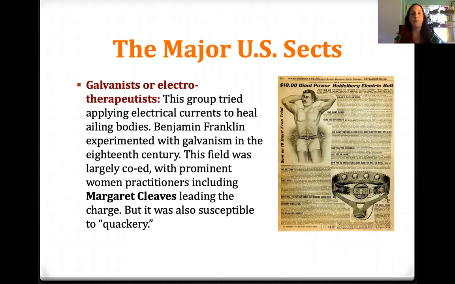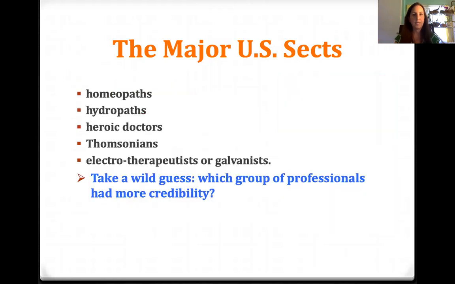But at the beginning, women were inventing machines for experimenting with electrical currents on the body, and Margaret Cleaves was a really prominent woman, and just evidence that some of our ideas about women gaining medical expertise later are not, in that linear narrative of progress, quite accurate. There were women practicing in a lot of these different sects, and then they were pushed out, as we'll see in a few days in our lecture on the Flexner Report.